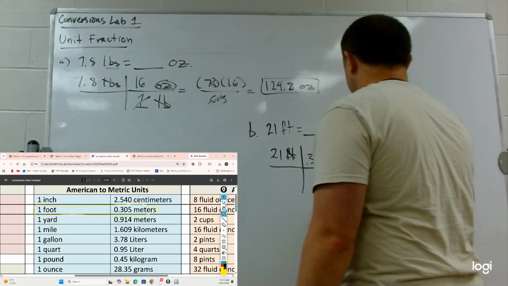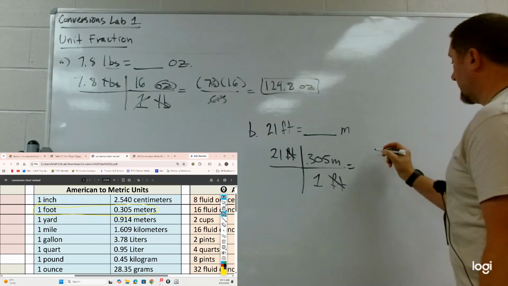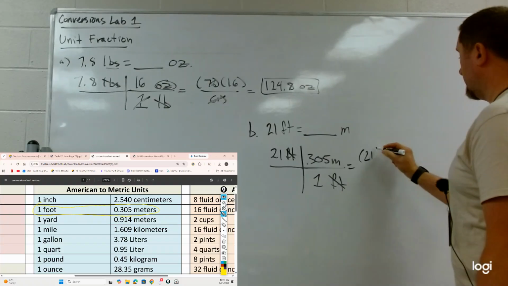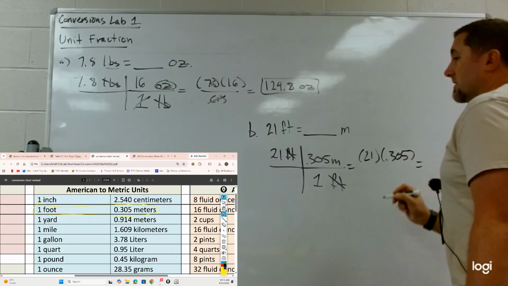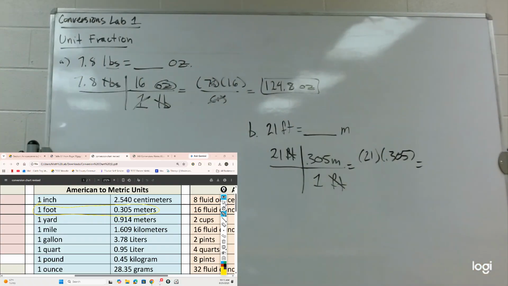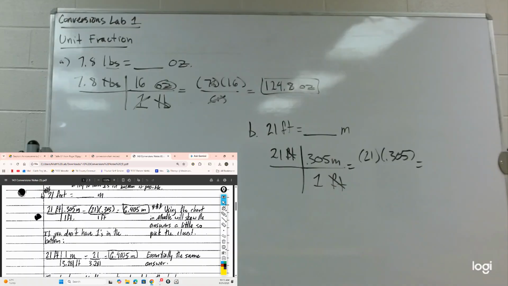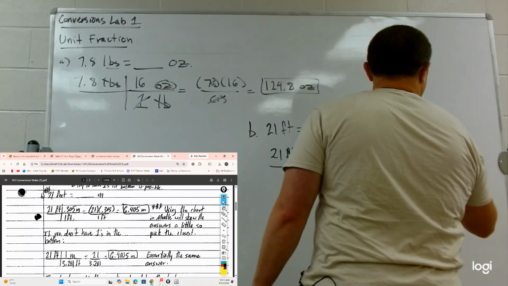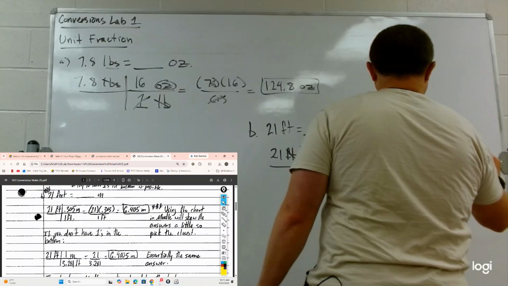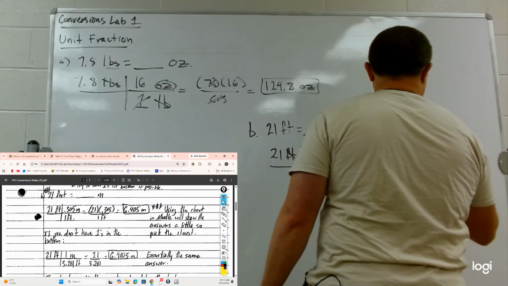So we're going to cancel that out. And when we clean it up, we're going to have 21 times 0.305, which is going to get us, and yes, I'm going to cheat and look at what I've already written out, 6.405. All right, 6.405 meters for that one.